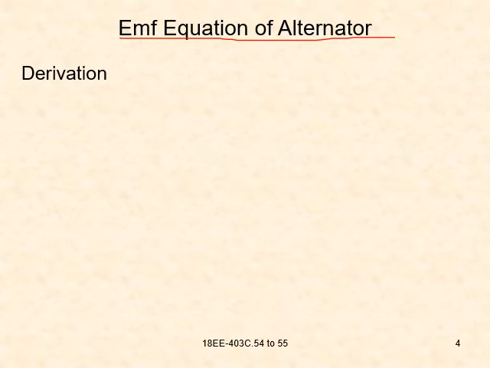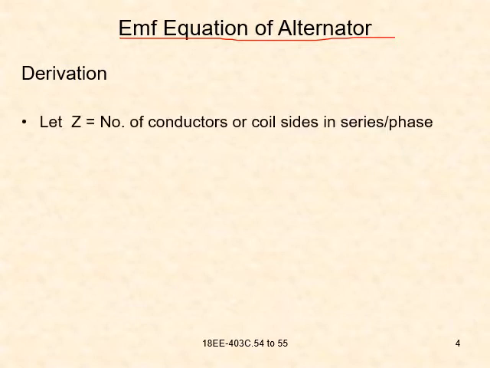It's a derivation part. So let us consider Z is equal to number of conductors or coil sides in series per phase.